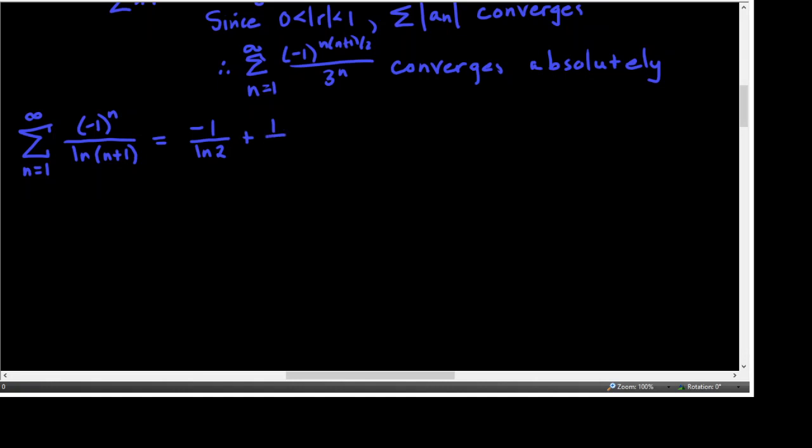Natural log of 2 plus 1 is natural log of 3. And of course this one is alternating. Write a few more terms if I want to, to get that pattern established that it alternates. So we know that it's an alternating series.